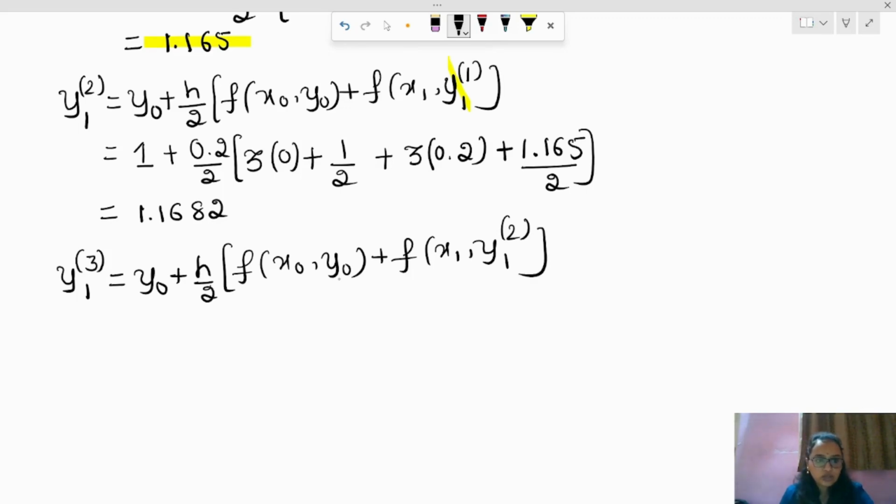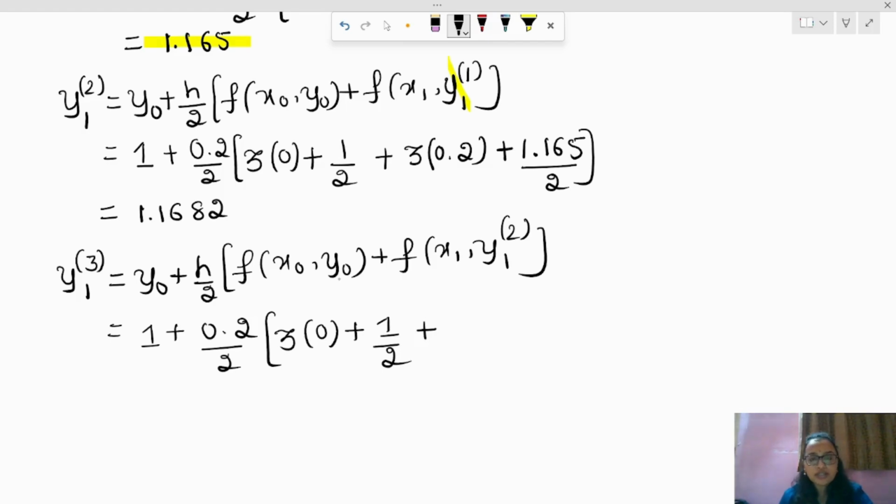So y0 is 1 plus h value 0.2 divided by 2, multiplied by the same thing, x0 is 0, so 3 times 0 plus y0, which is 1, divided by 2, plus now x1 is 0.2 and y1 at second approximation, which I'll highlight. That I substitute in f of x1 comma y1.